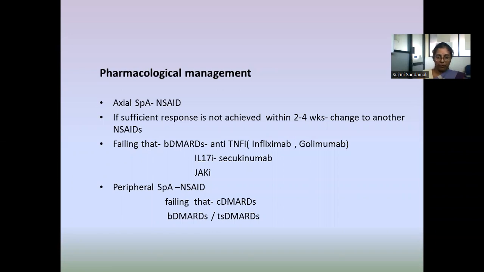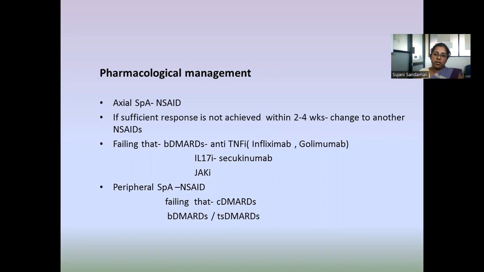Failing NSAIDs warrants starting biological DMARDs, the anti-TNF inhibitor, which is the first line. What is available here is infliximab, golimumab, and adalimumab, and among interleukin-17 inhibitors, secukinumab can be used especially for psoriatic-related axial spondyloarthritis, and this is also available.